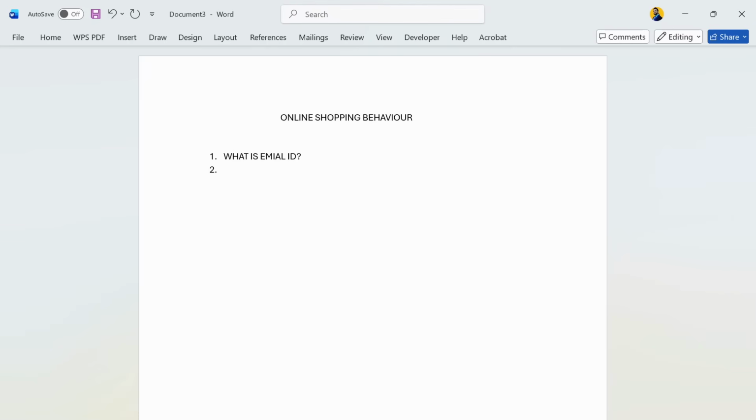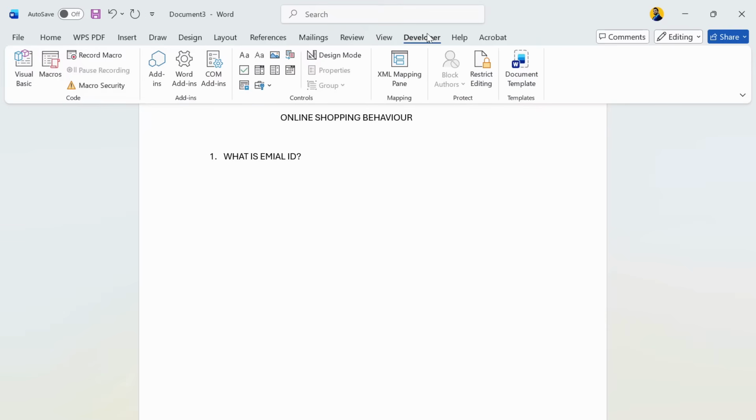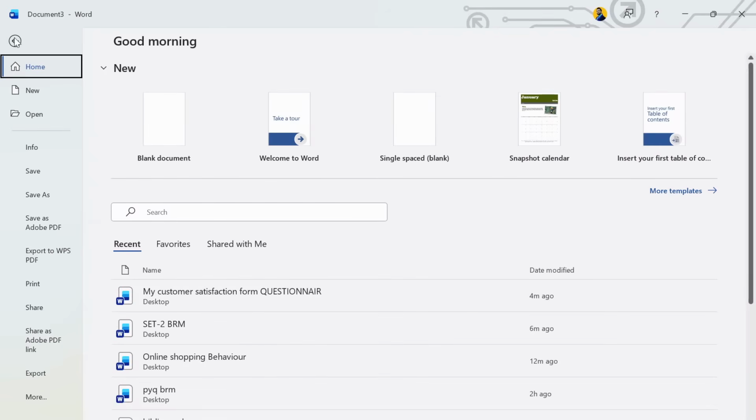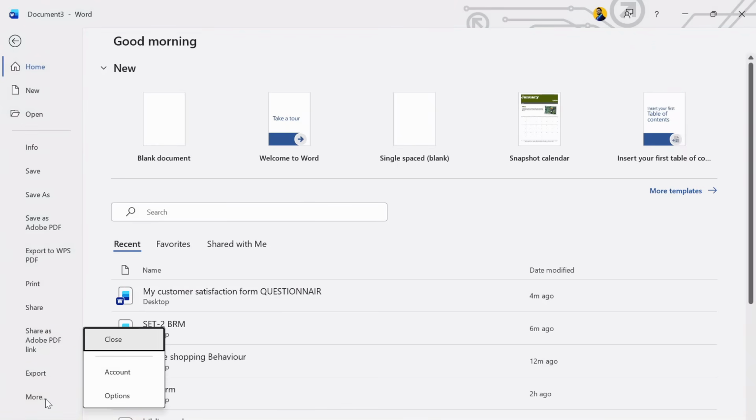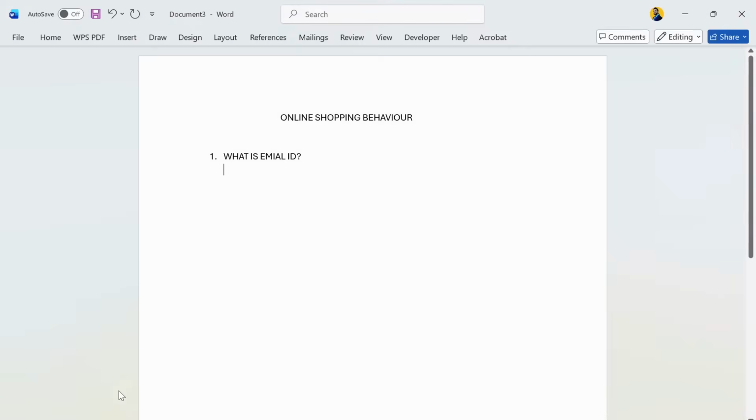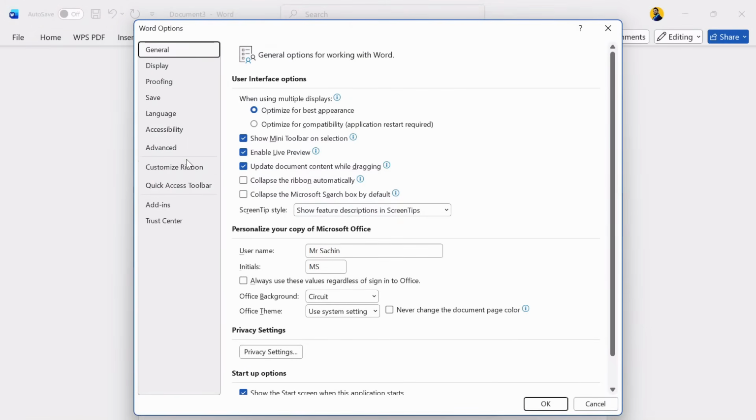I'll use numbers. First question, let's say, is: what is your email ID? Now enter. One more thing, whenever you are trying to create a questionnaire format in MS Word, make sure your ribbon includes the developer tab, right? This one, developer. If it is not showing in your ribbon, just go to File, then More options, and Customize Ribbon.